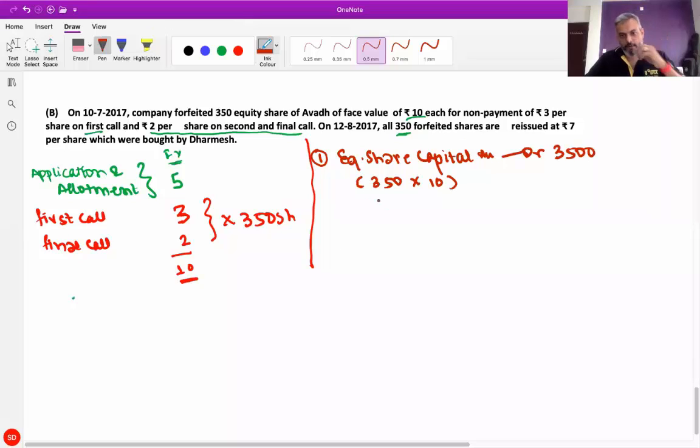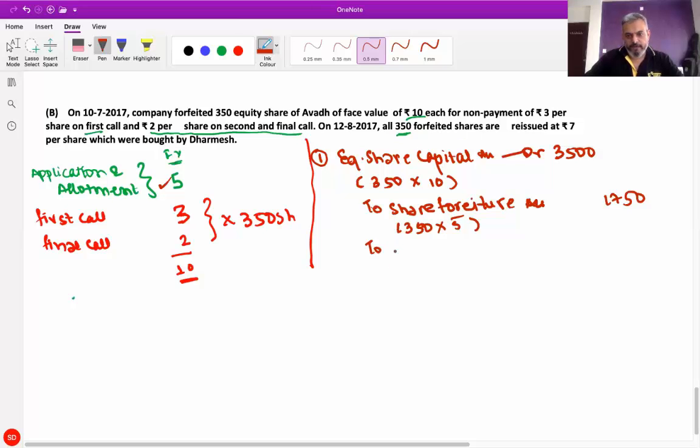Now no premium over here, so to share forfeiture account, 350 into, we received rupees 5, 1,750.